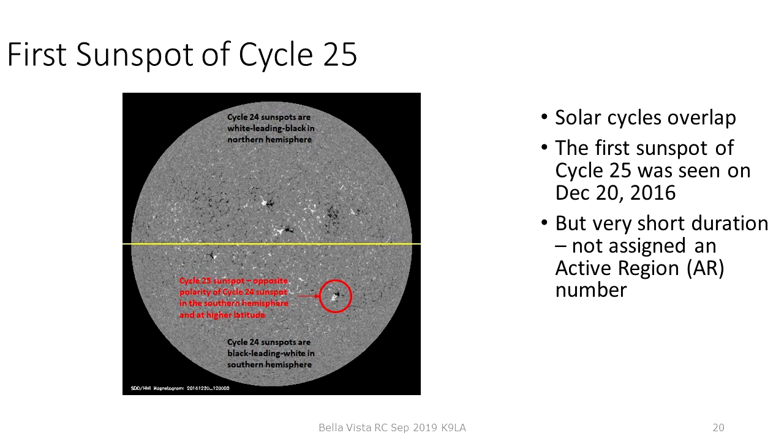Also, the polarity. A sunspot is a magnetic field going out of the sun and coming back in, and we can tell which way that orientation is.